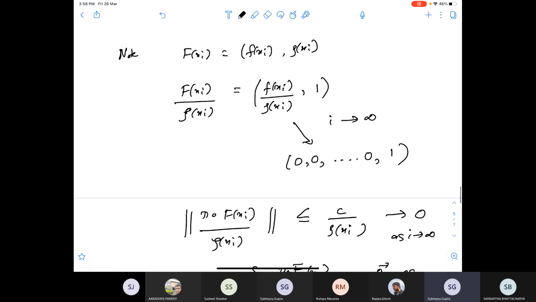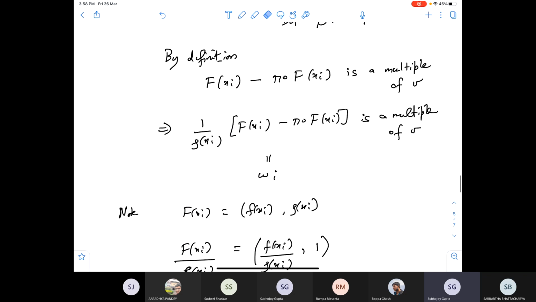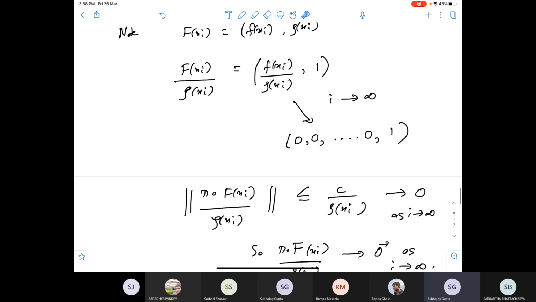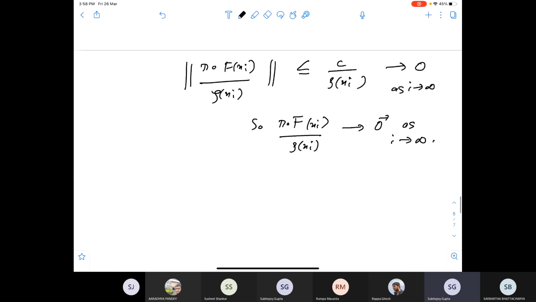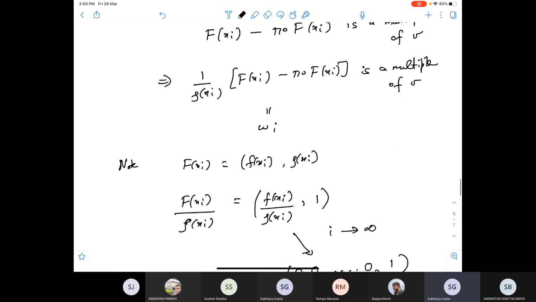If you put these two things together, when you look at this difference, these wi's go to 0, 0, 0, 1. So the conclusion is that these wi's go to 0, 0, 0, 1. But these wi's are always multiples of v.